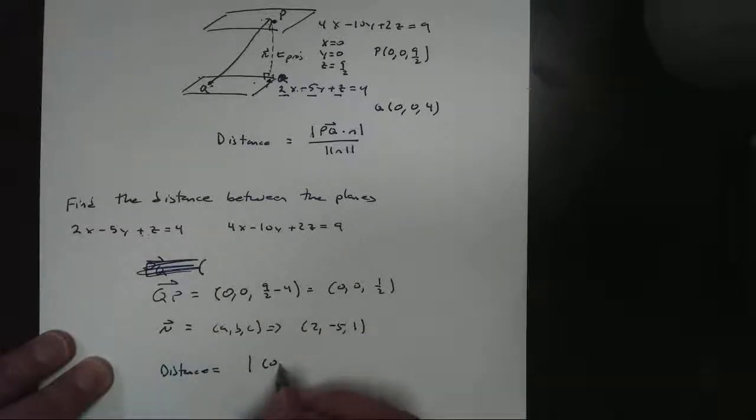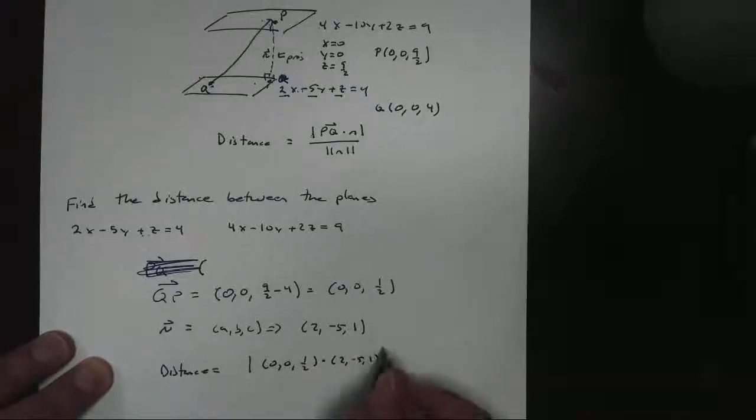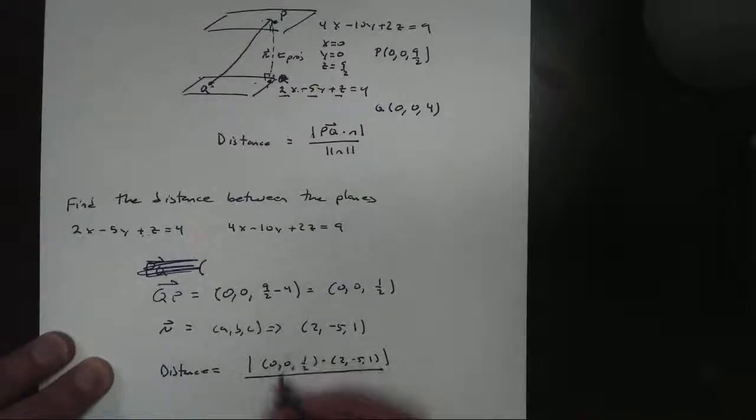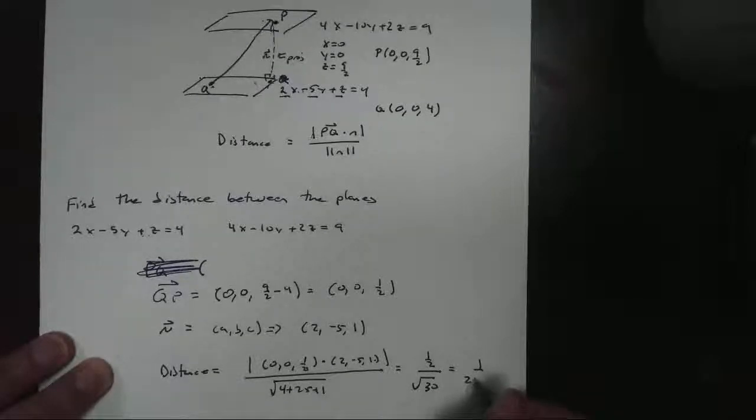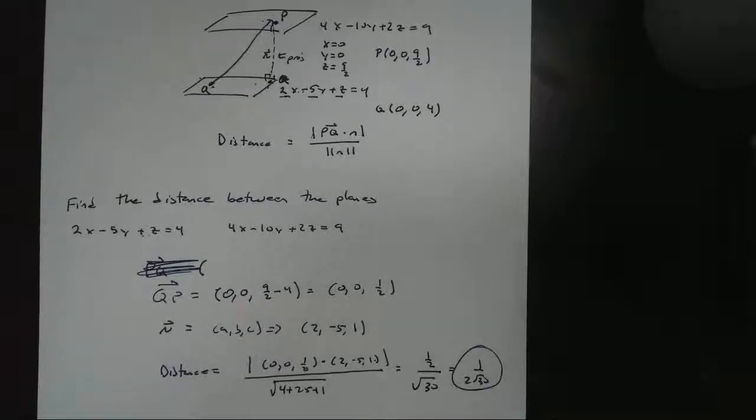So it's 0, 0, 1/2 dotted with 2, -5, 1, divided by the magnitude of n, which is the square root of 4 plus 25 plus 1. If we simplify, we get 1/2 divided by the square root of 30. So it would be 1 over 2 root 30, and that's how far apart those two planes would be.